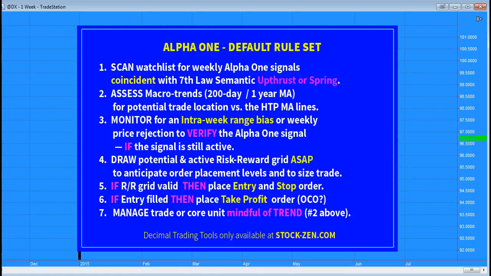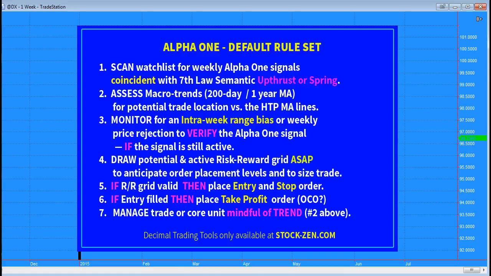It reads as follows. 1. Scan your watch list for weekly Alpha 1 signals coincident with 7th law semantic pattern upthrusts or springs. 2. Assess macro trends. 3. Monitor for an intra-week range bias or weekly price rejection if Alpha 1 signals are still active. 4.